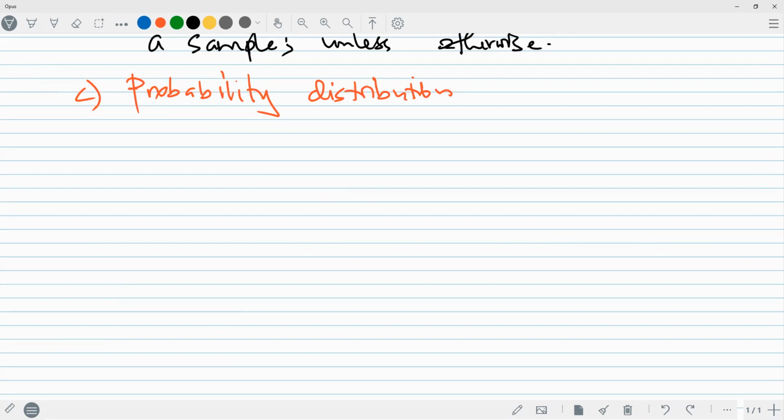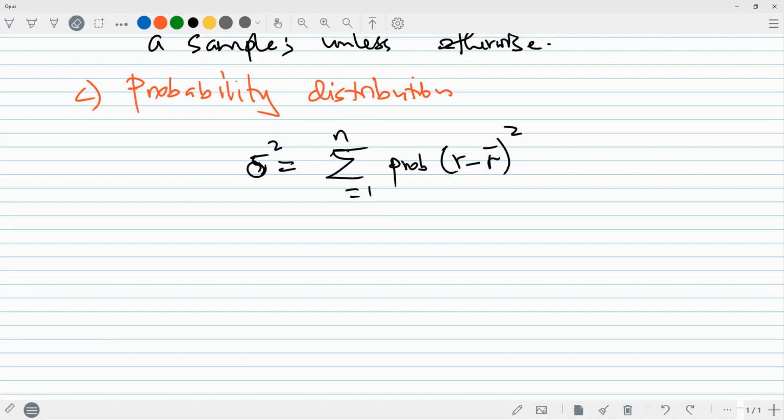If that's the case, how do you get the variance? The variance of the probability distribution will be equal to the sum of probability multiplied by deviation from the mean, from the first data set all the way to the nth data set, where i is equal to 1.